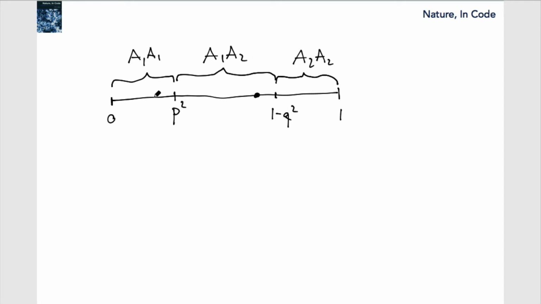And another time it might land here, in which case it would be an A1A1 genotype, and another time it might land here, again would be A1A2, another time it might land here, which would mean it's an A2A2, and so on. So that's just a handy way to think of it. And an idea like this is very easy to implement in JavaScript code. Let's go ahead and do this.